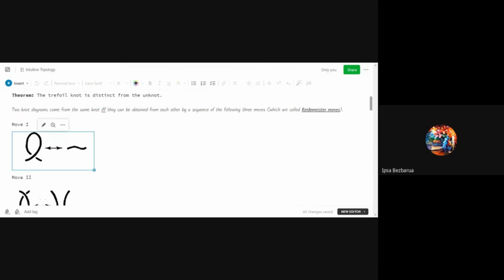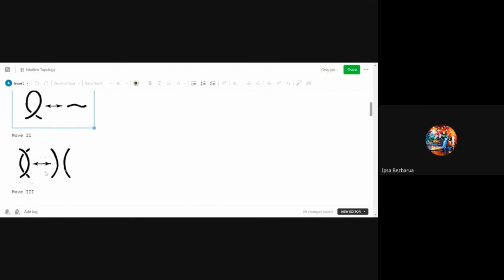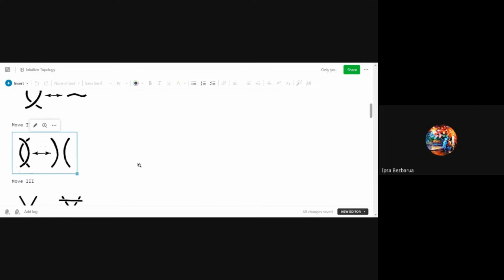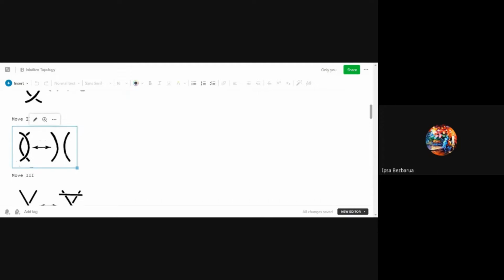This is move one, which is basically if you have just a twist in the knot, you are opening it up. Move two is you have one part of the knot going completely on top of the other part of the knot, and you just pull them apart nicely. So you're not tearing or doing anything, you're just neatly pulling them apart.